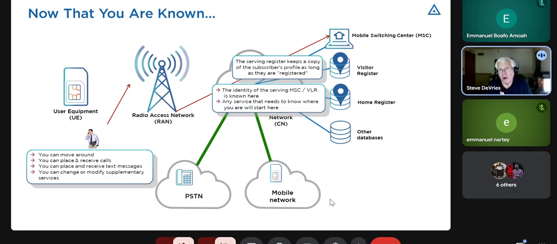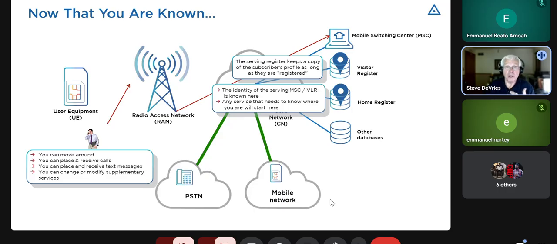Back in the home system, though, and again, we'll use Raphael as the example, he's roaming. The identity of the serving mobile switch and the serving visitor location register is known here. So any service that needs to find Raphael will always go to his home system first. What kind of service needs to know where he's at?